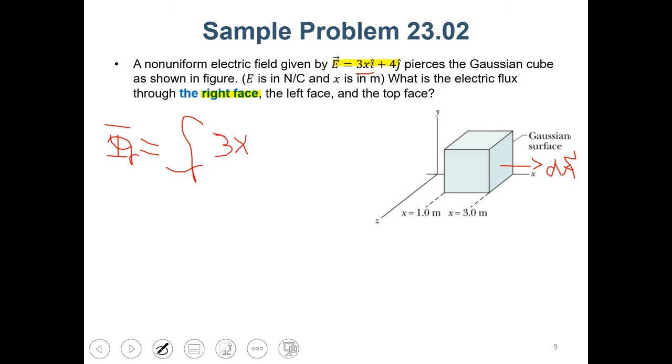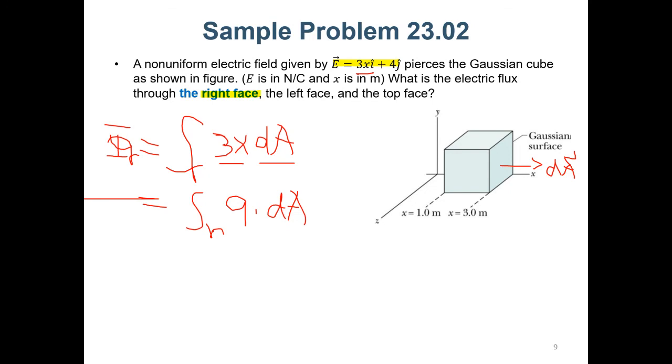E dot dA is nothing but 3x dot dA. So we always tackle the inner product part, and then we drop out the 4j. Now x is equal to 3. So here x is equal to 3.